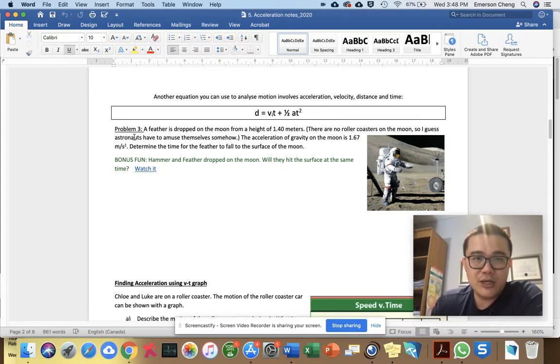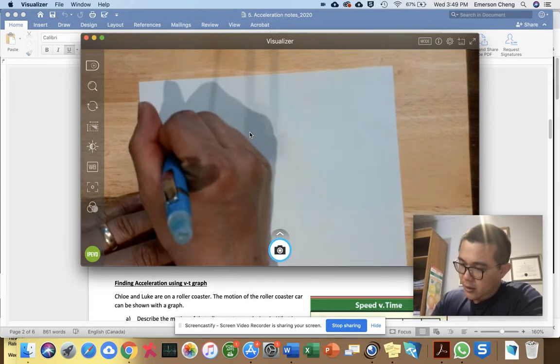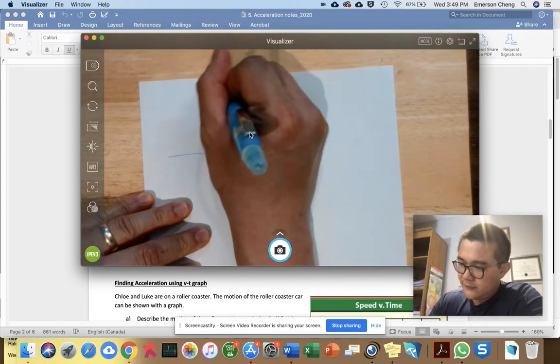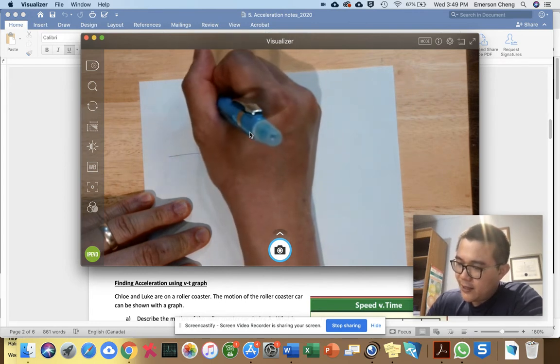Let's do this question. There's a lot of information given. When they're talking about dropping the feather on the moon from a height of 1.4 meters, I'm going to draw this diagram. Ground, feather. I'm not an art teacher.